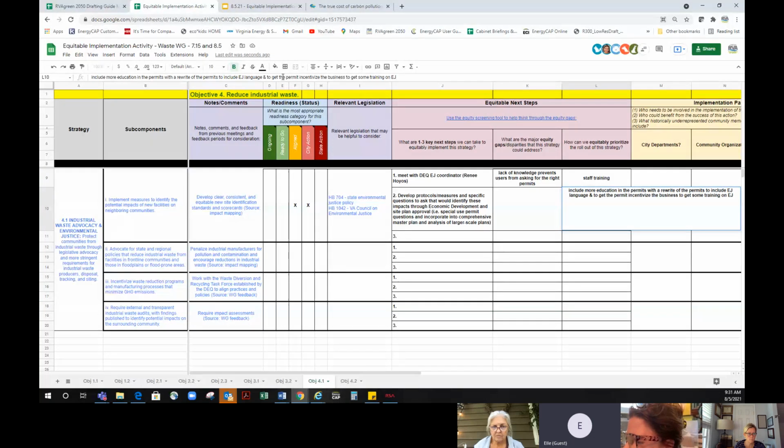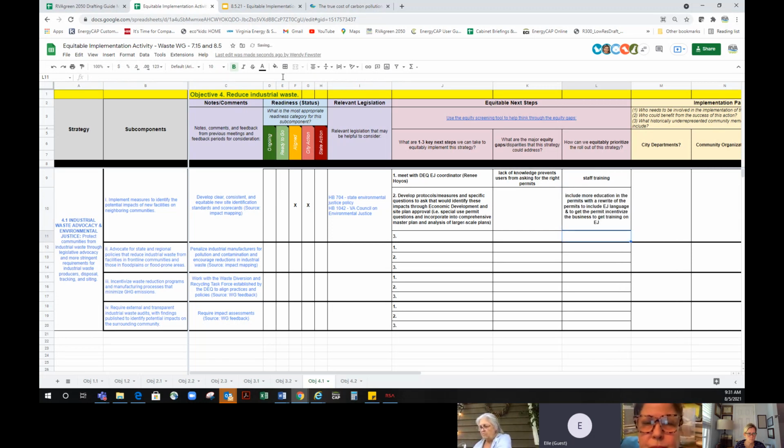I guess I see this question as being less concerned with the industry themselves and their acquisition of the permit. I see the equity rollout, because industry is industry. I don't think we need to prioritize like that. I don't think equity is the focus there. What I see within this lack of knowledge is the fact that permit notices aren't written in plain language.